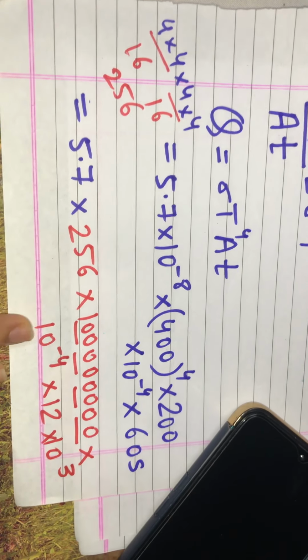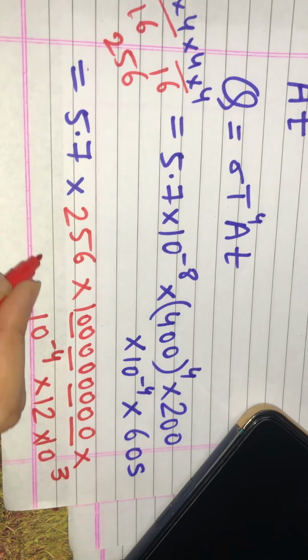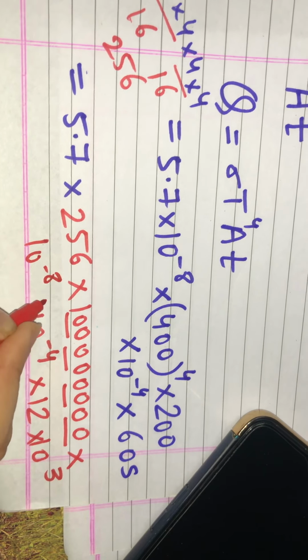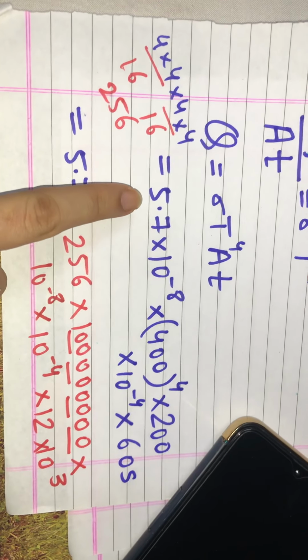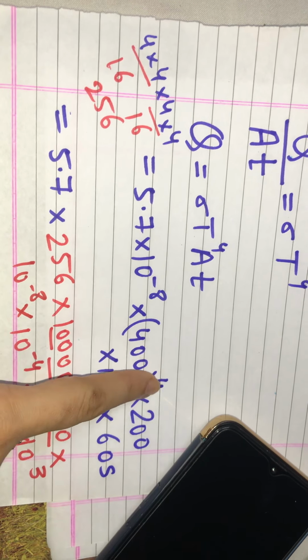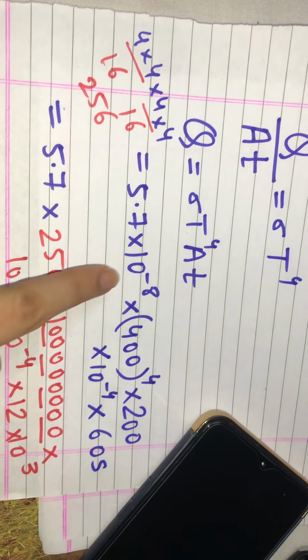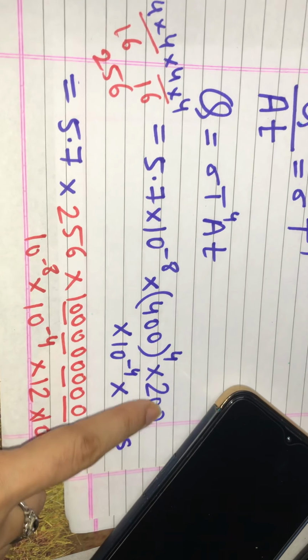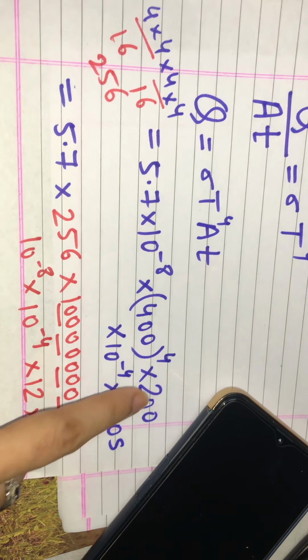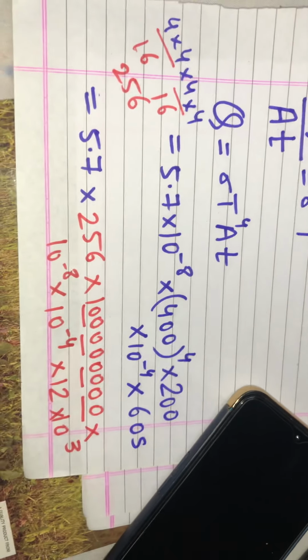Hope you understood till here. Then 10 raised to minus 8, we have this too. So I'll show it to you once again. 5.7 as it is, 4 which we have multiplied four times, 256. Then the zeros: this 10 raised to minus 8 over here, 10 raised to minus 4 over here, 2 sixes are 12, and 3 zeros, that is 10 raised to 3.